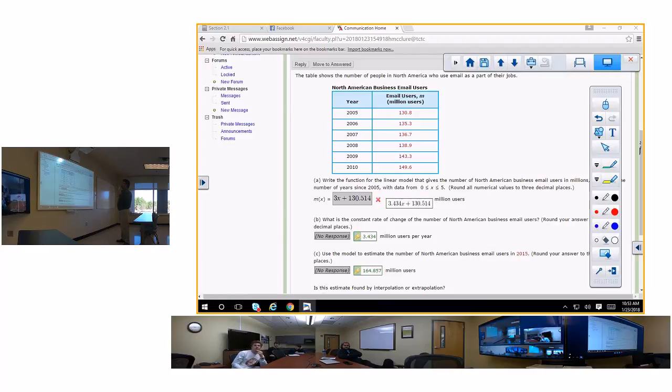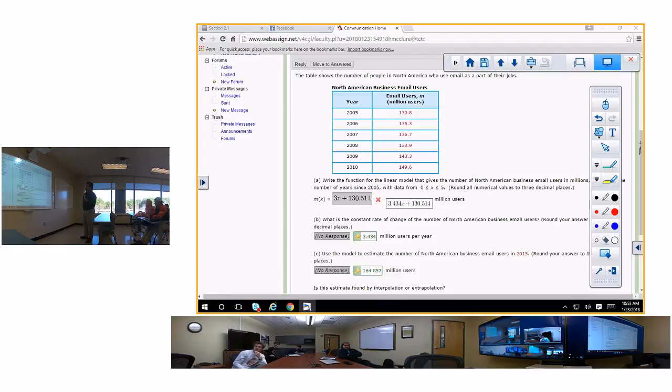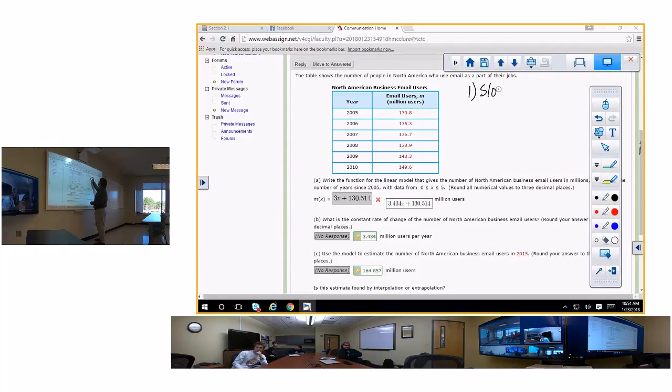All right. Now, the best way to do this is to graph it in your calculator, and you could do that. But what it's reviewing is 3 things. It's reviewing slope, m equals y sub 2 minus y sub 1 over x sub 2 minus x sub 1. It's reviewing the point slope equation, which is y minus y sub 1 is equal to m times x minus x sub 1.